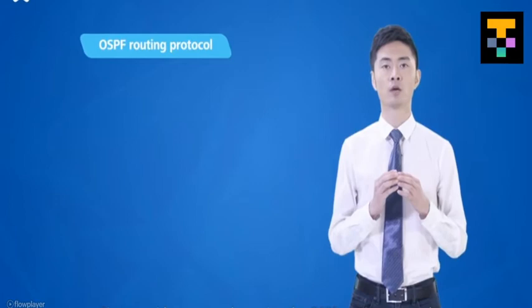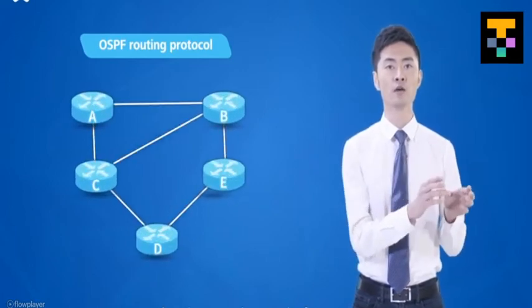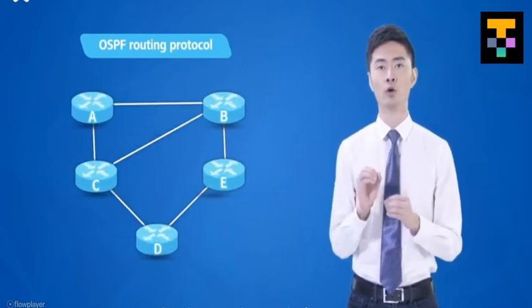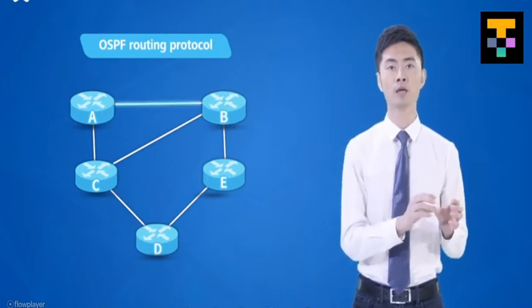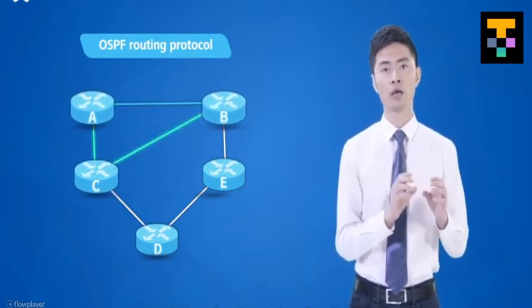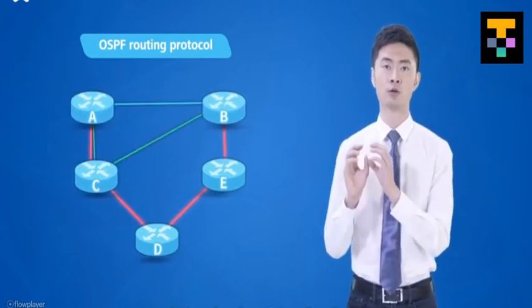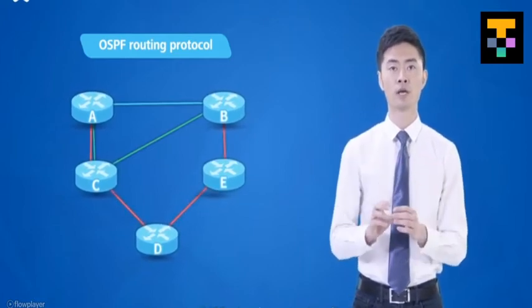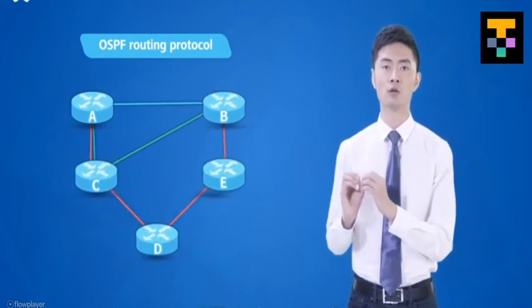Let's look at two examples that illustrate the limitations of traditional networks when it comes to dealing with congestion. First, consider a network running the OSPF routing protocol. We can see that there are three paths from router A to router B: A to B, A to C to B, and A to C to D to E to B. OSPF is a clever protocol.